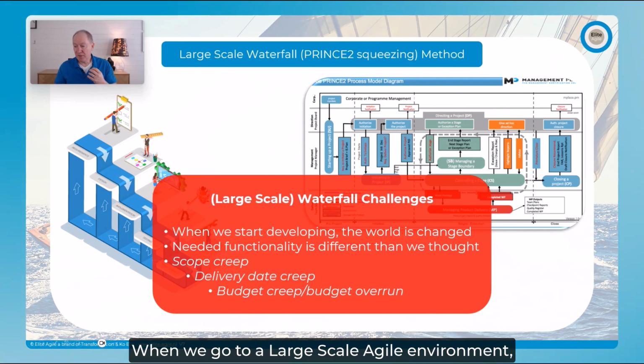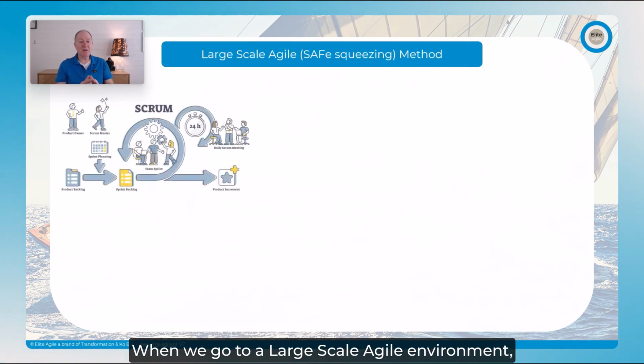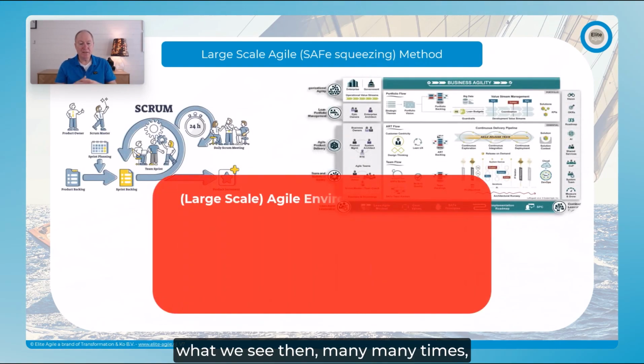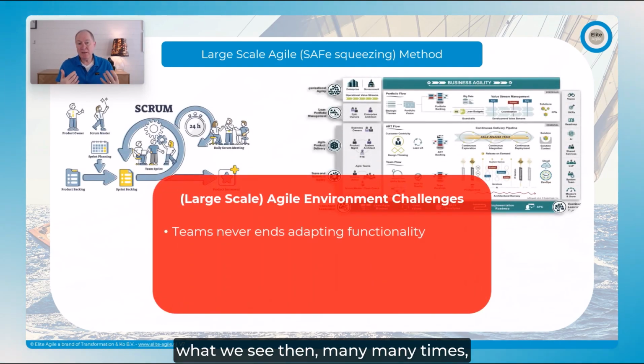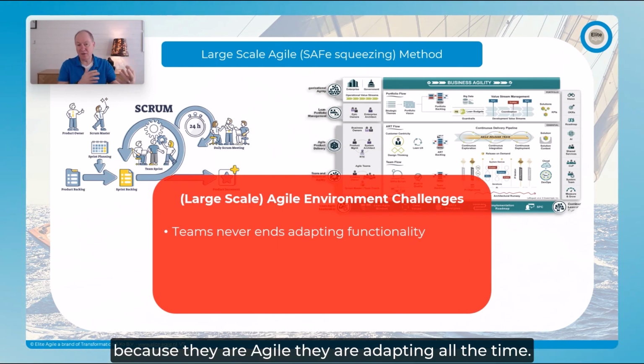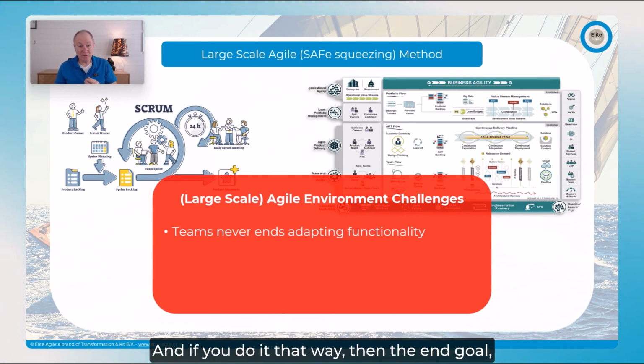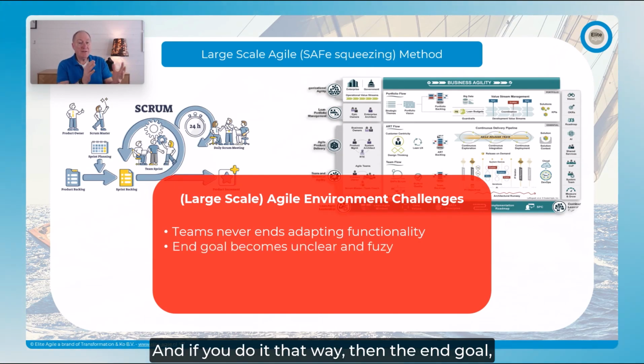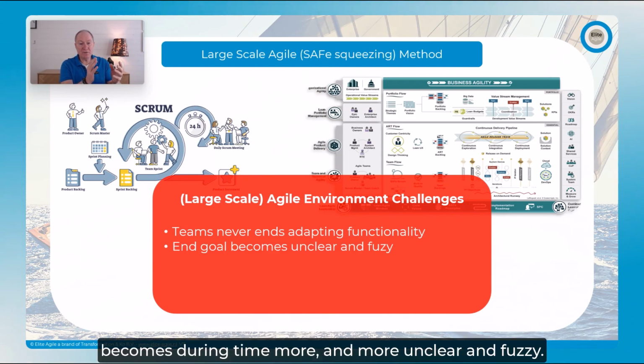Yeah, so when we go to large-scale agile environments, what we see many, many times is that the teams are never-endingly adapting the functionality because they are agile, they are adapting all the time. And if you do it that way, then the end goal where you start off with becomes, over time, more and more unclear and fuzzy.